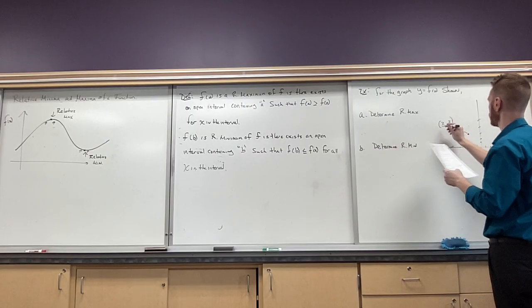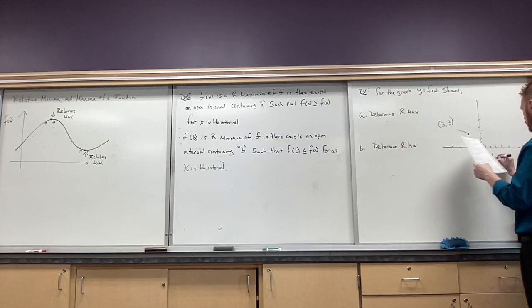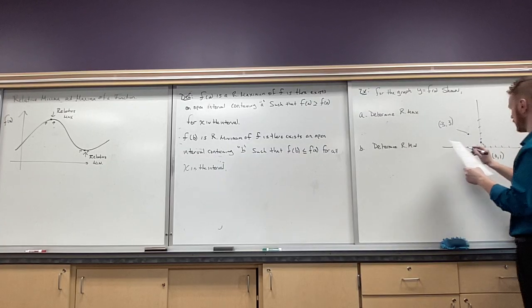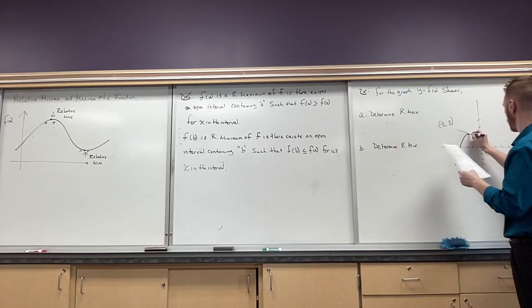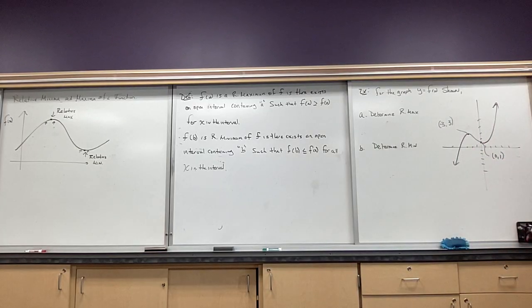I'm going to put the coordinates, these critical points, that way you can see it. Okay, so there's what the function looks like. So this particular spot is -3, 3, and this is going to be 0, 1. Okay? And I probably should have drawn that a little better there. There we go. Okay.